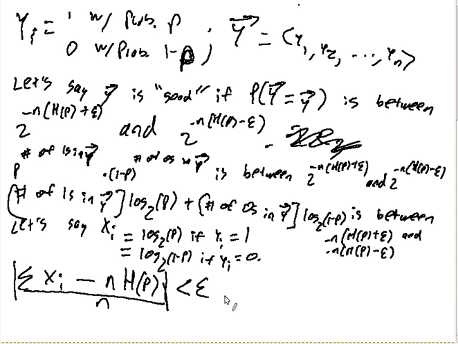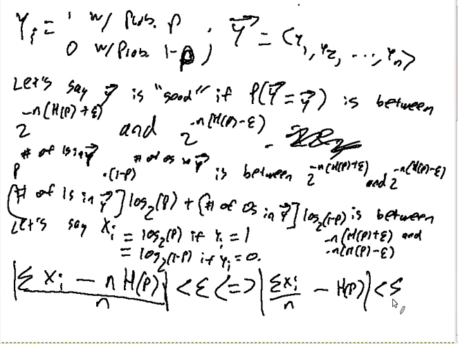We want to show that that condition has probability 1 as n grows large. Well, this condition amounts to the same thing as saying the average of the x sub i is no more than epsilon from h of p.